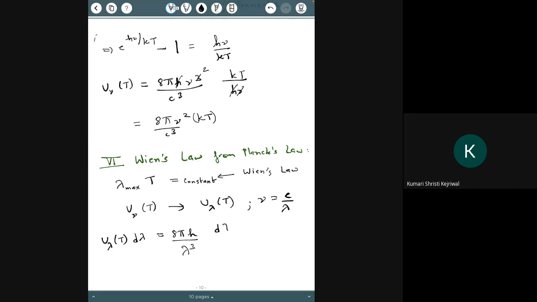Then I have d lambda, which I'm just carrying over from here, so don't get confused. Then I have e to the power h nu, so that becomes hc by lambda kt, minus 1.